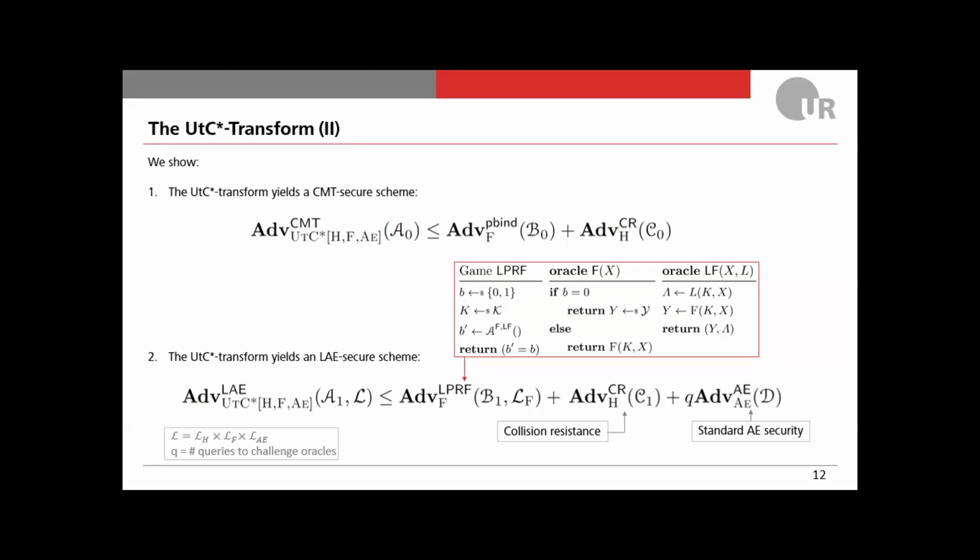This is formalized by the notion LPRF, which is defined in the same manner as LAE security, in the sense that the adversary gets access to a challenge oracle that either outputs random values or the evaluation of F, but also gets access to a leakage oracle and then has to distinguish the real and the ideal world using his ability to generate leakage.